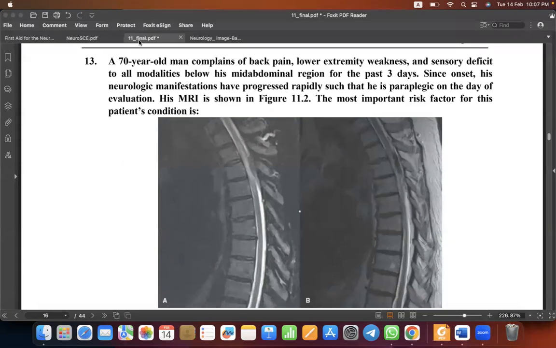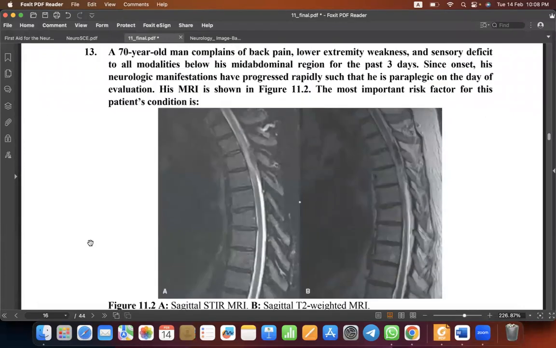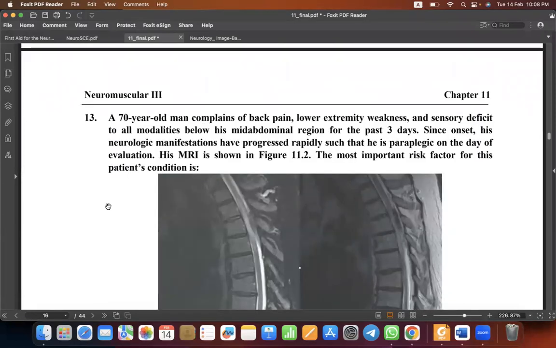So let's see the options here. An episode of hypotension, recent aortic manipulation, atherosclerosis, dural AV fistula, warfarin for atrial fibrillation. Okay, so I guess there is back pain. The most important thing is back pain with muscle weakness, back pain with spinal cord involvement in a subacute period of 3 days.